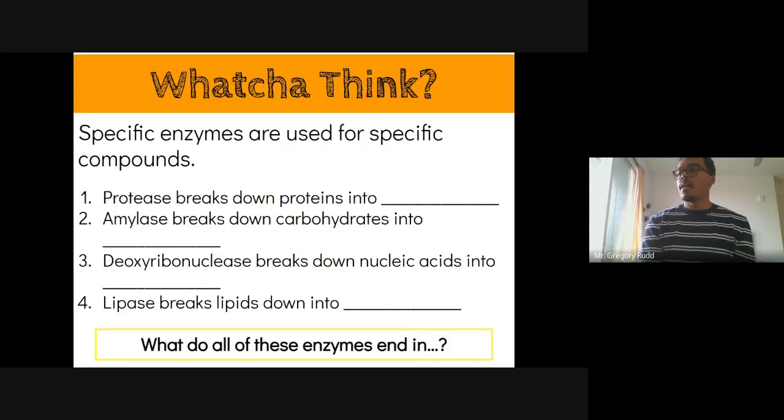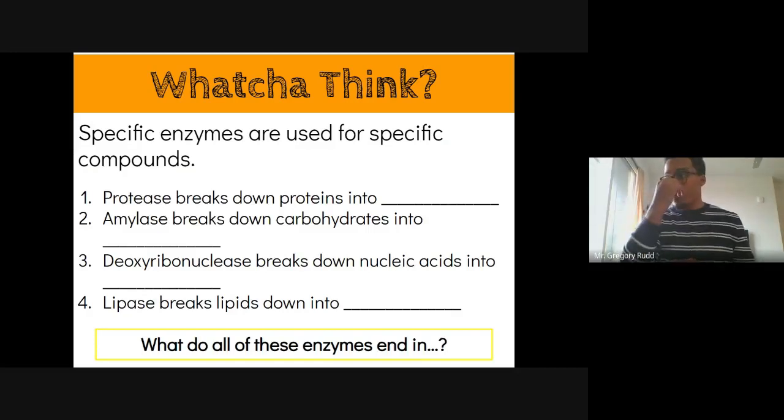Okay, another practice problem. As it says, specific enzymes are used for specific compounds. When a compound is broken down from its polymer form, it gets broken down into its monomer form.